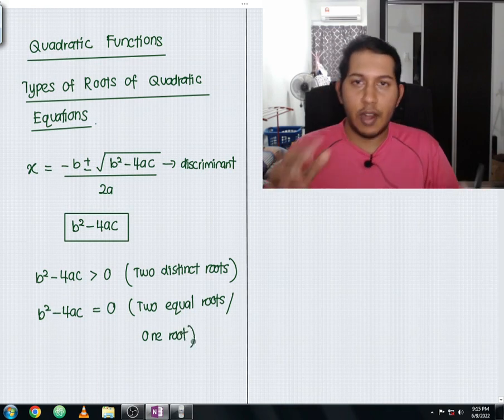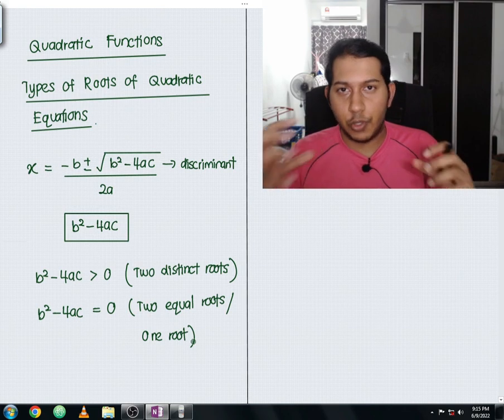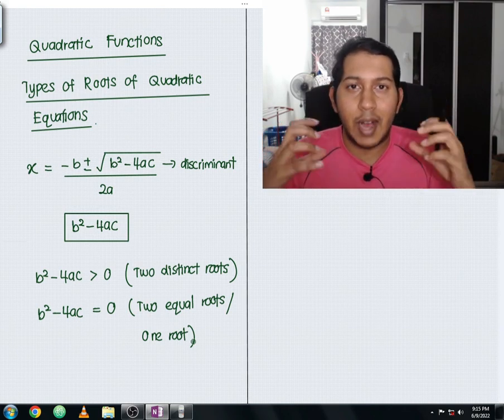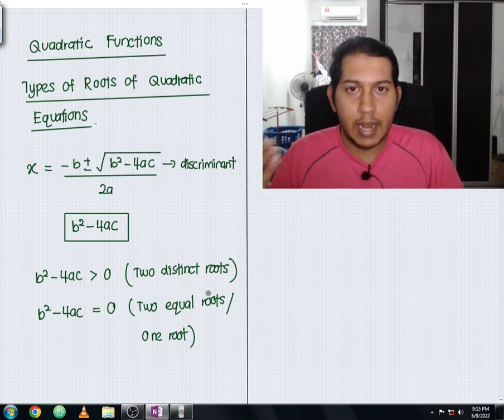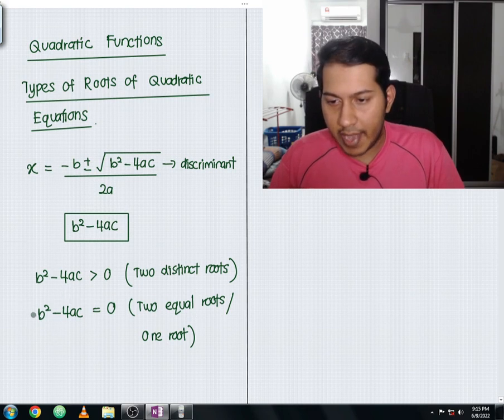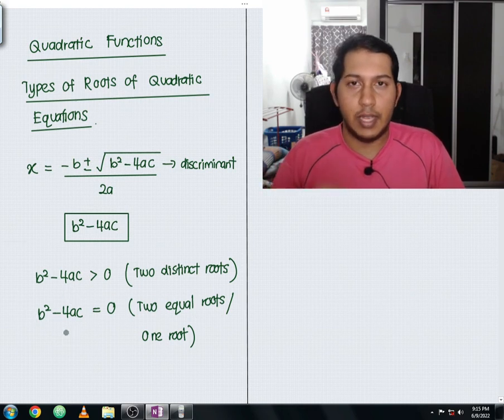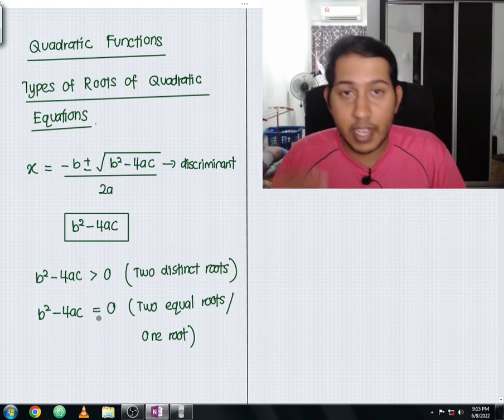It's either one root or two equal roots. That means the two roots have the same value, which is why sometimes you address it as one root. So this is the expression for b squared minus 4ac equals 0.